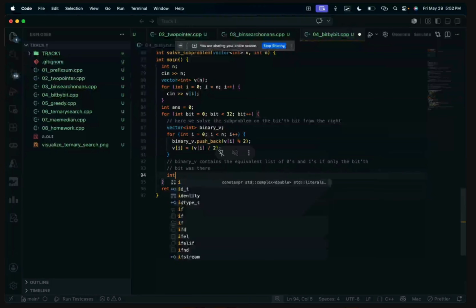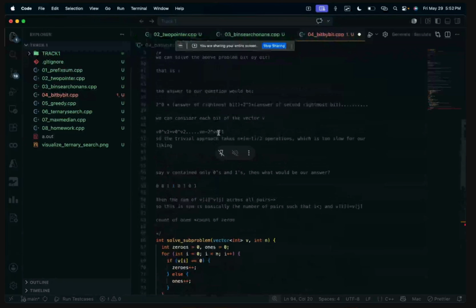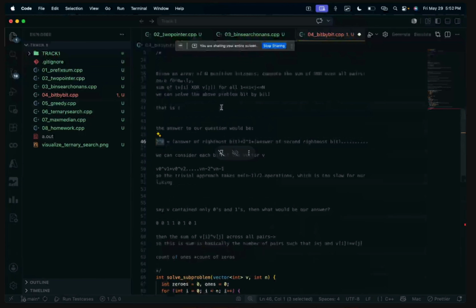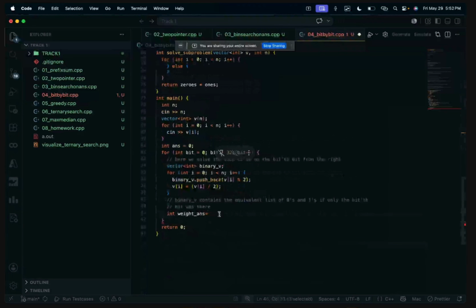Right. So what is the weight of this answer? As discussed earlier, we would multiply 2 power 0 for the rightmost bit. For the second rightmost bit, we would multiply 2 power 1 and so on. So the weight of our answer would be 2 power bit. The way you write 2 power n in C++ is you have 1 LL left shift bit.